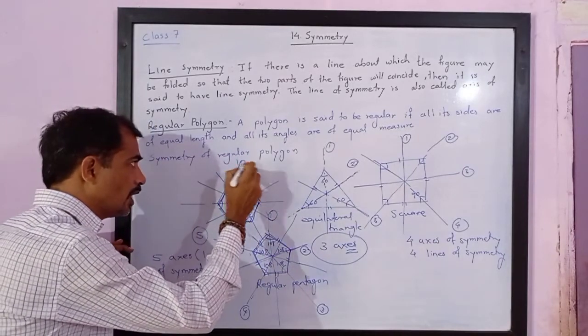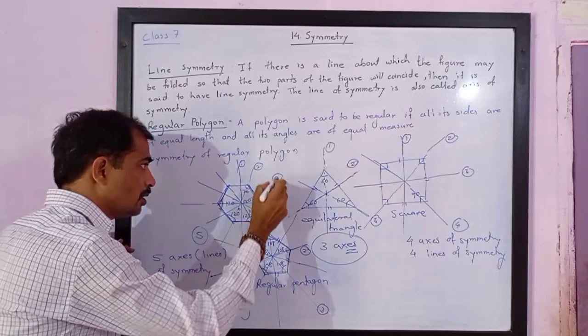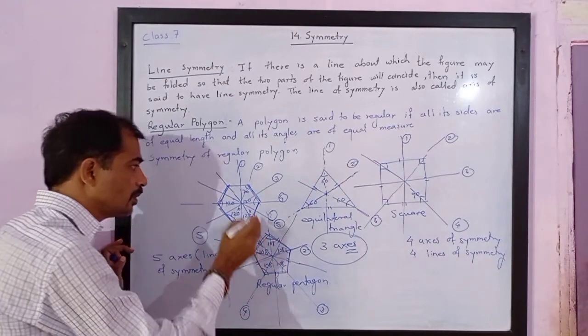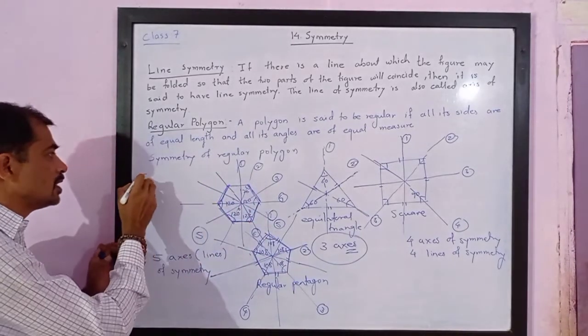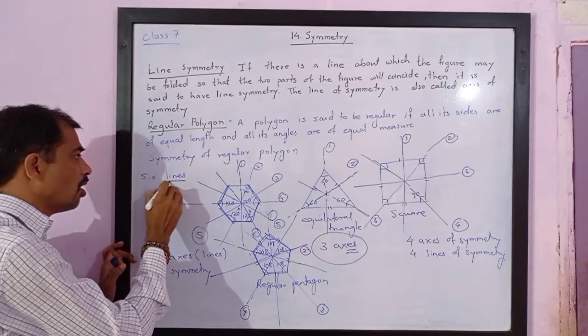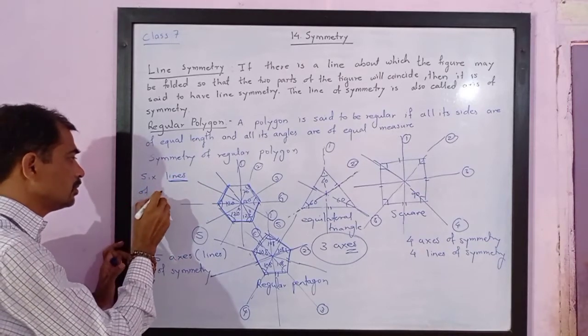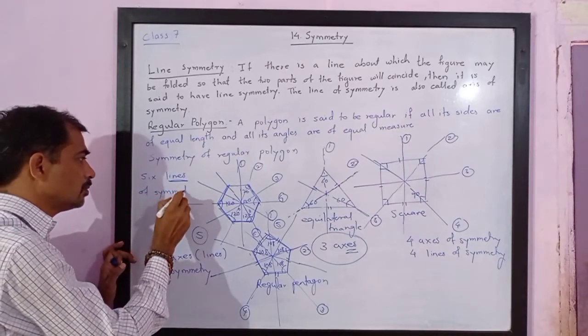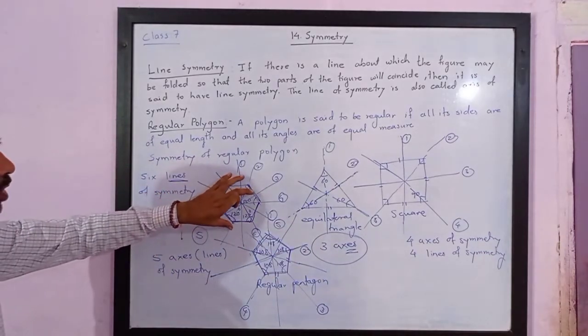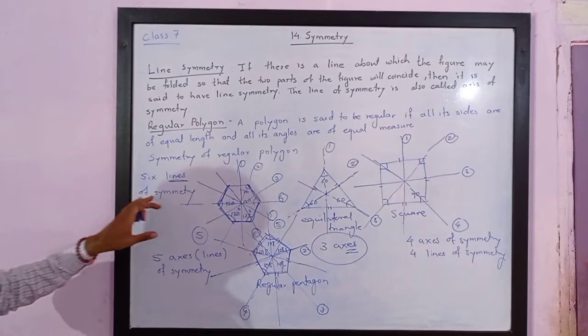If you count these, you will get 6 lines of symmetry. So a regular hexagon has 6 lines of symmetry.